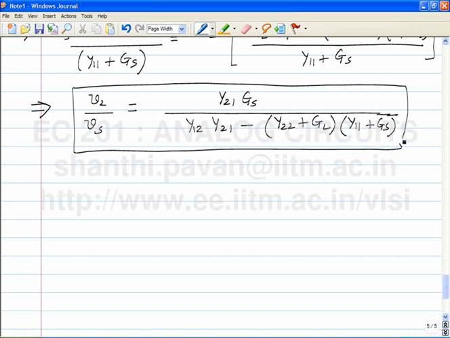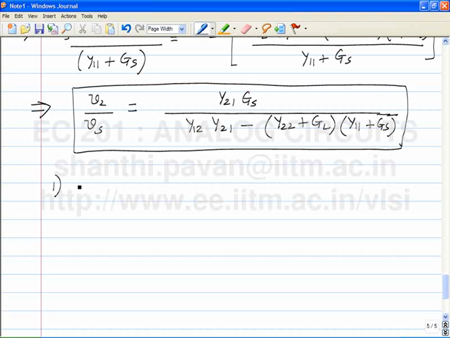Alright, so the first thing to notice is that the denominator is a, what form is the denominator? It's a determinant, but you have term 1 minus term 2. So if there is term 1 minus term 2, what is a very real possibility?